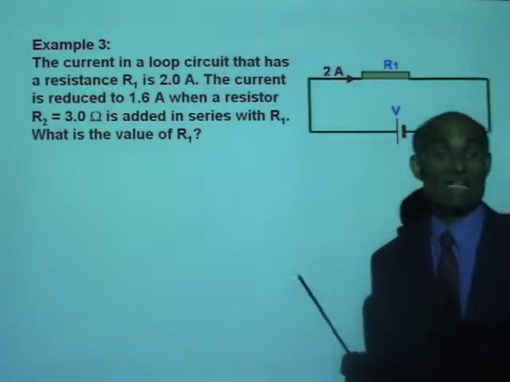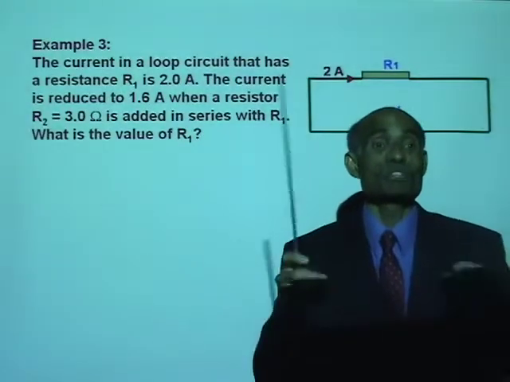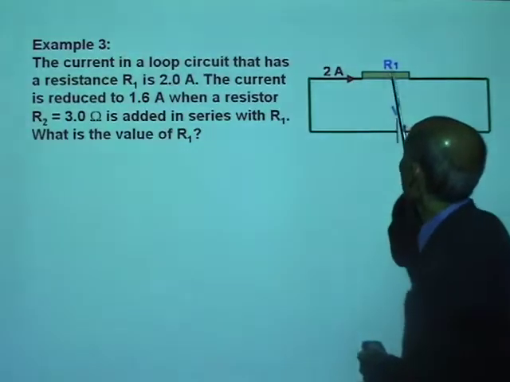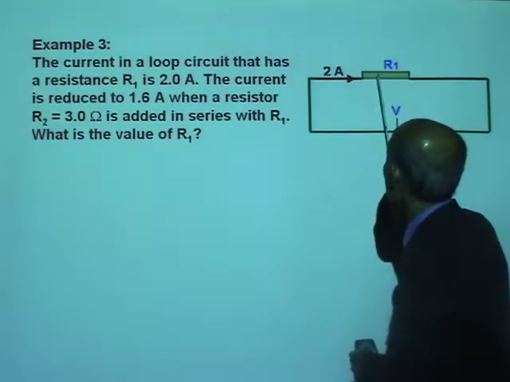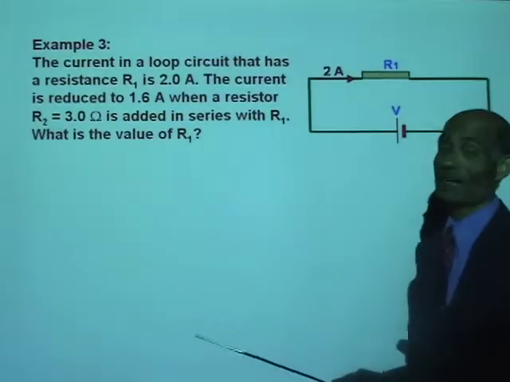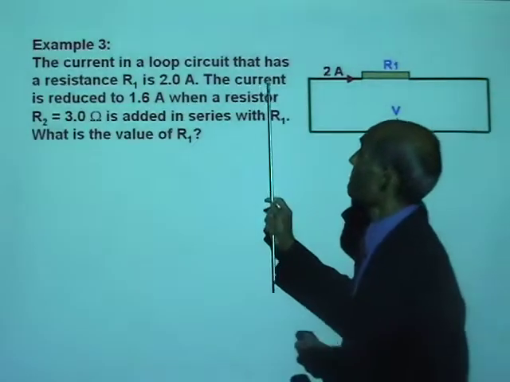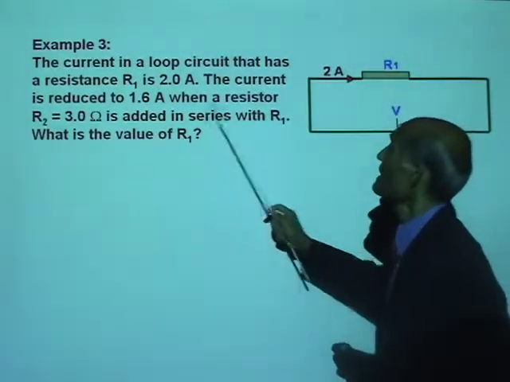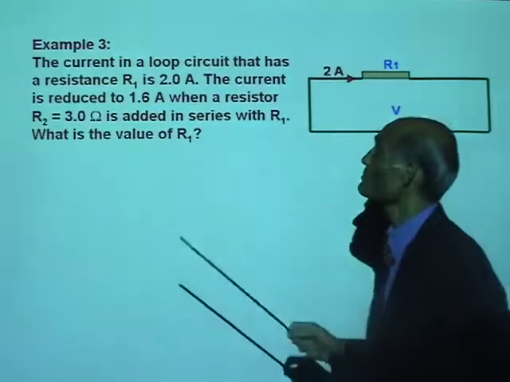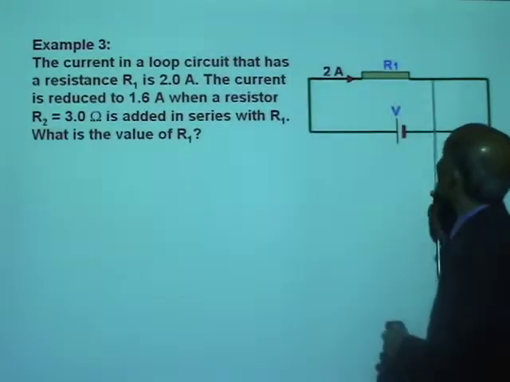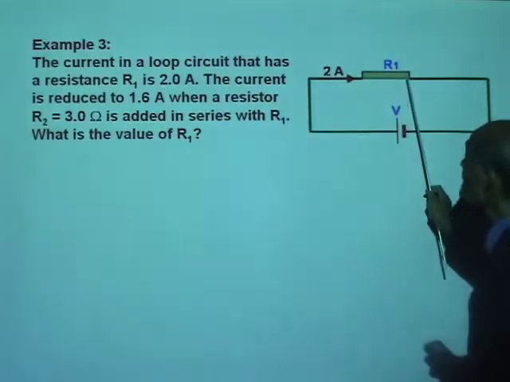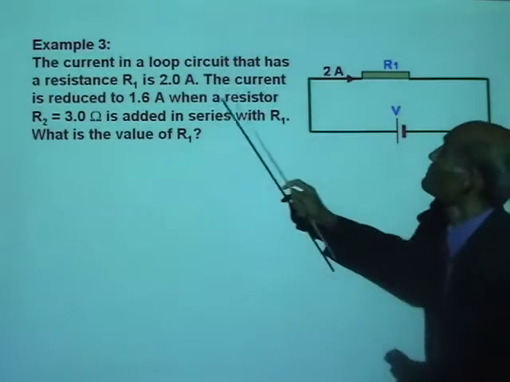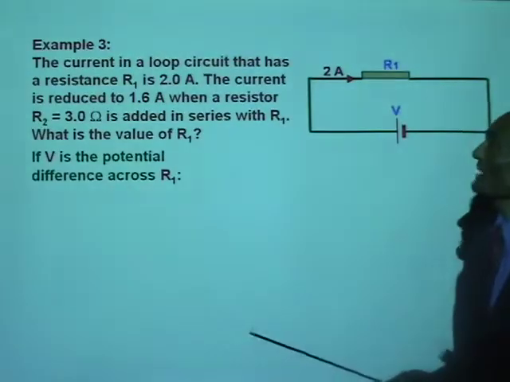The current in a loop circuit that has a resistance R1 is 2 ampere. Obviously, the circuit has a cell that provides the potential difference. We are not interested in the value of the potential difference. So, the current in the resistance R1 is 2 ampere. What did we now do? When a resistor of 3 ohm is connected in series with it, the current is reduced to 1.6 ampere.